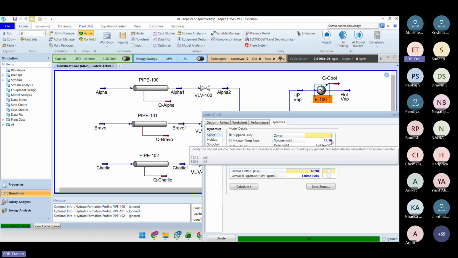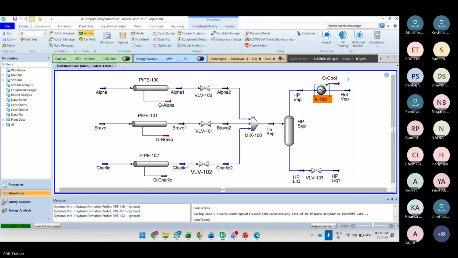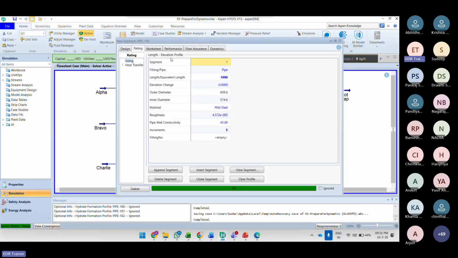So I have already given the volume. I have given all the in pipe segments. Again, the pipe segments, I think from steady state simulation also we do. When we do a hydraulic calculation, we normally give all this length, diameter, etc. So the piping volume is available within that.